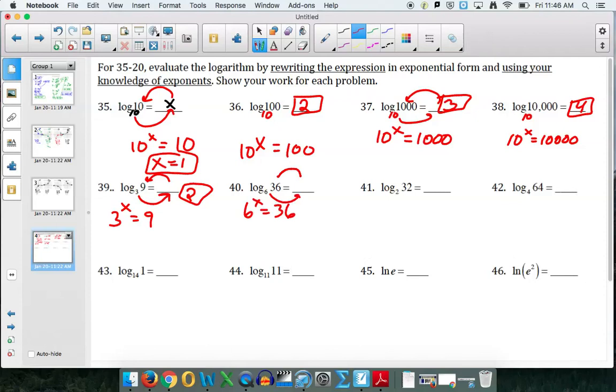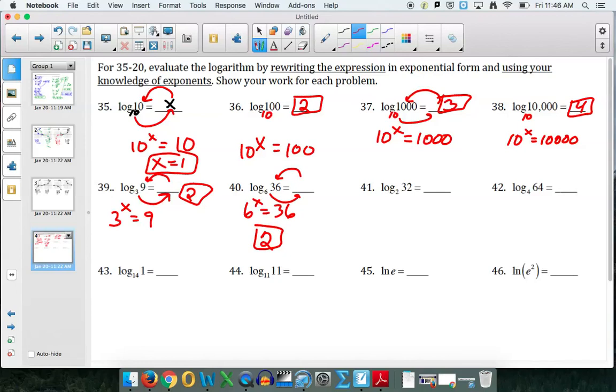Wrapping around that equals sign. Well, of course, this is 6 squared. And so log base 6 of 36 is 2. Notice that the log base 3 of 9 and the log base 6 of 36 both equal 2. They're the same thing, just with a different base. 3 to the x equals 9, 6 to the x equals 36.